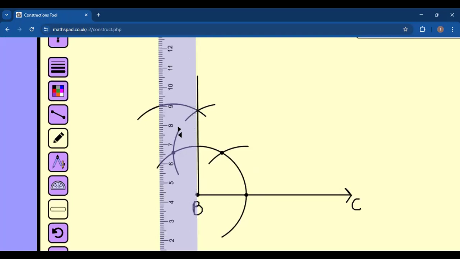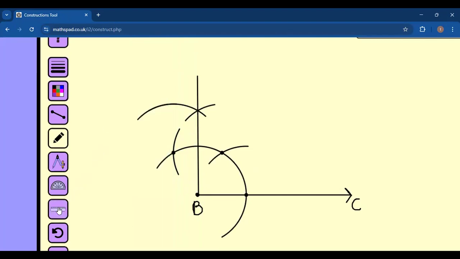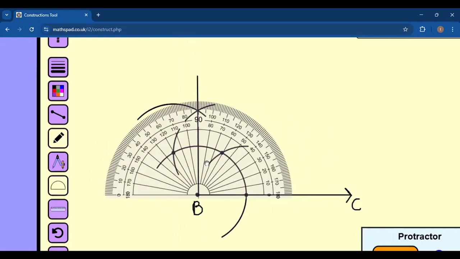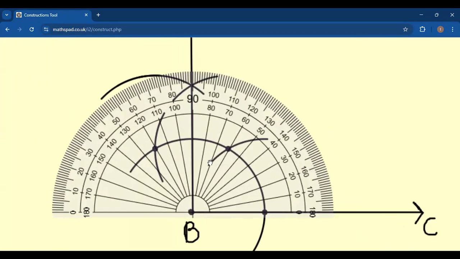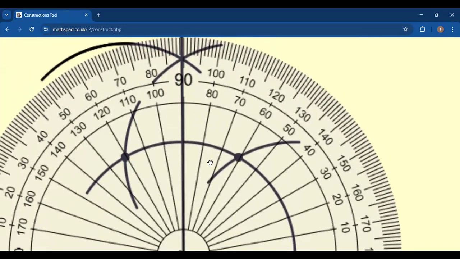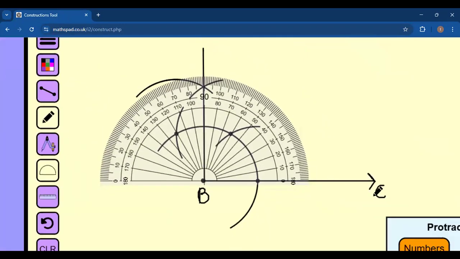And so what we have here is this. Now what we have to do is use a protractor to measure it. It should measure 90 degrees. So let's go here and check the measurement. I feel like it could have been better.